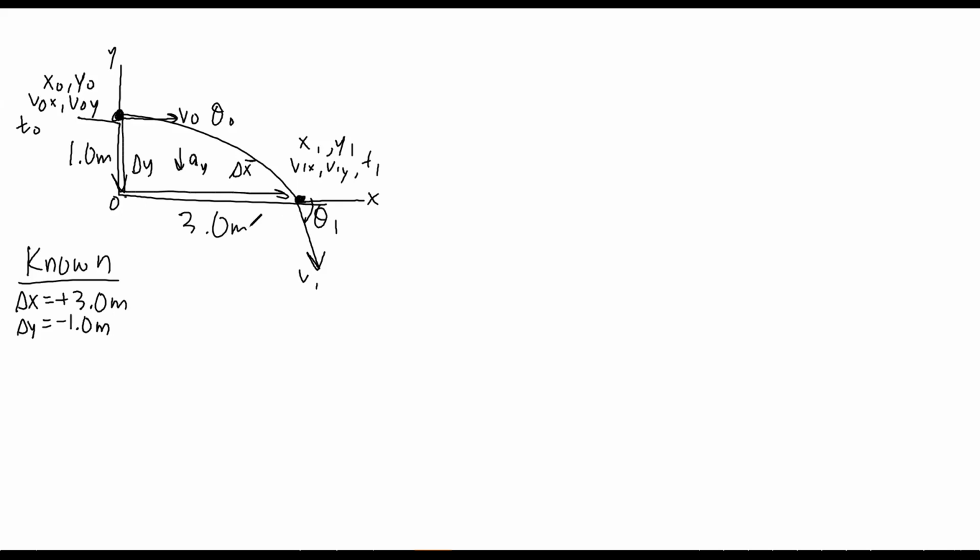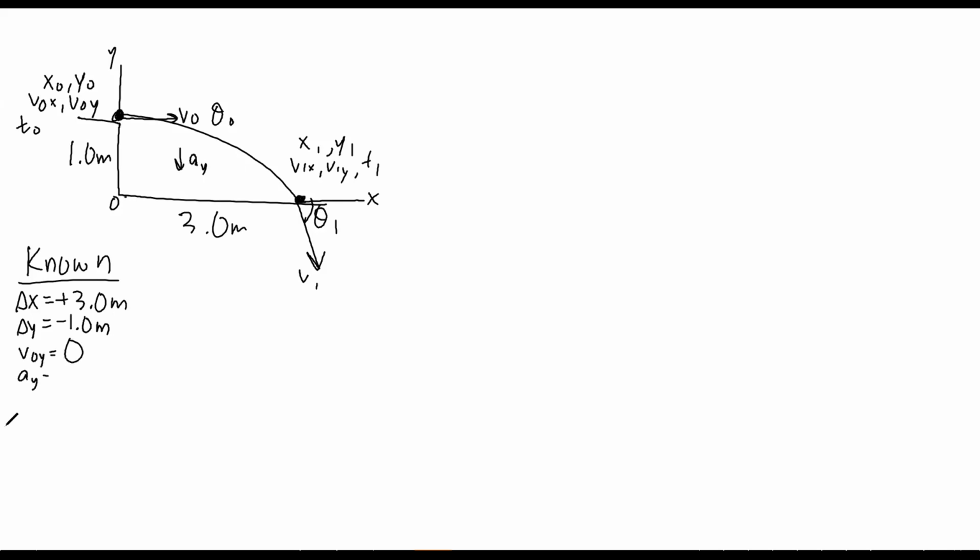You don't want to draw too much on the drawings. It might even be better to draw another picture, but at the same time, you don't want to have it so scanty that you don't understand what's going on. But anyway, that just takes practice. We know that v0y is 0.